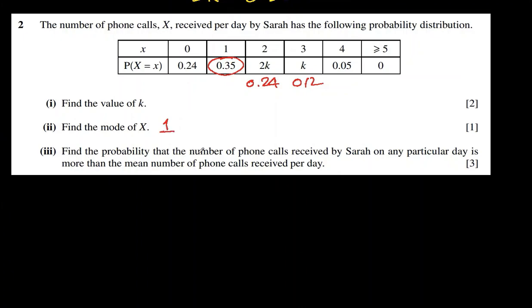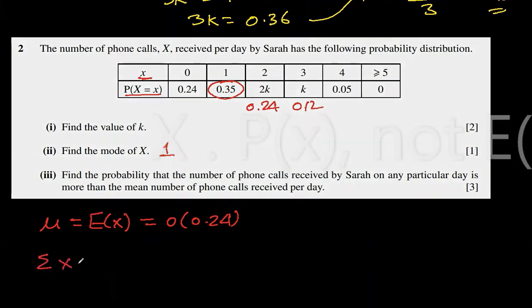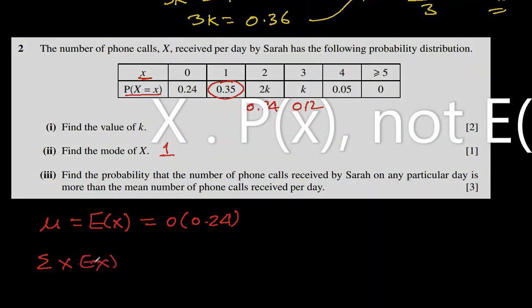Next, find the probability that the number of phone calls received by Sarah on any particular day is more than the mean of the phone calls received per day. So let's see the average number of calls received. The mean is the same as the expected value, and the expected value is 0 times 0.24. So we multiply x with its probability, and basically it is sigma x P(x).